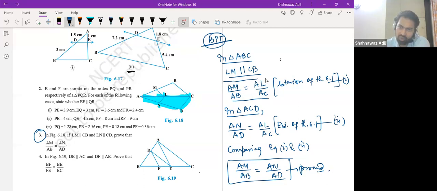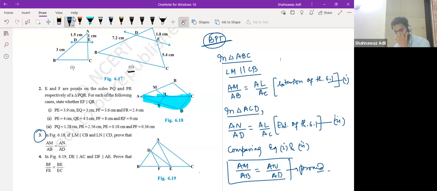Yes, sir. So we proved this theorem, the extension of theorem 6.1, by reciprocating and then adding one, and then we got this. So you can use this one, right?